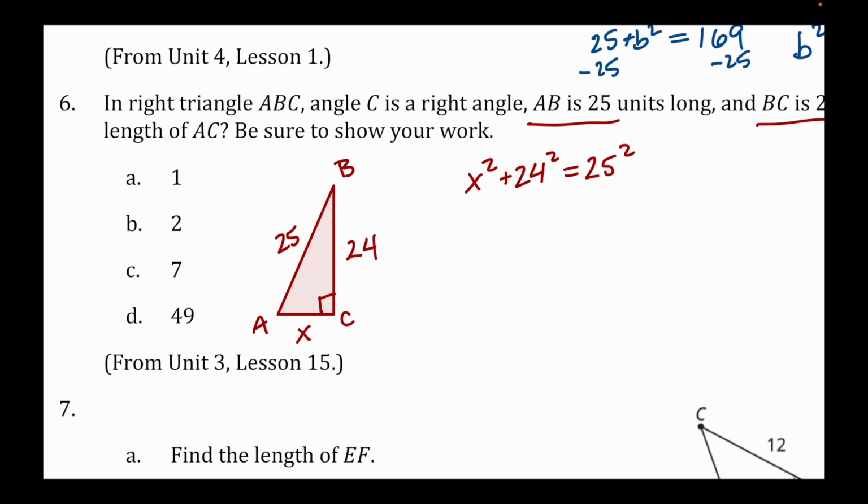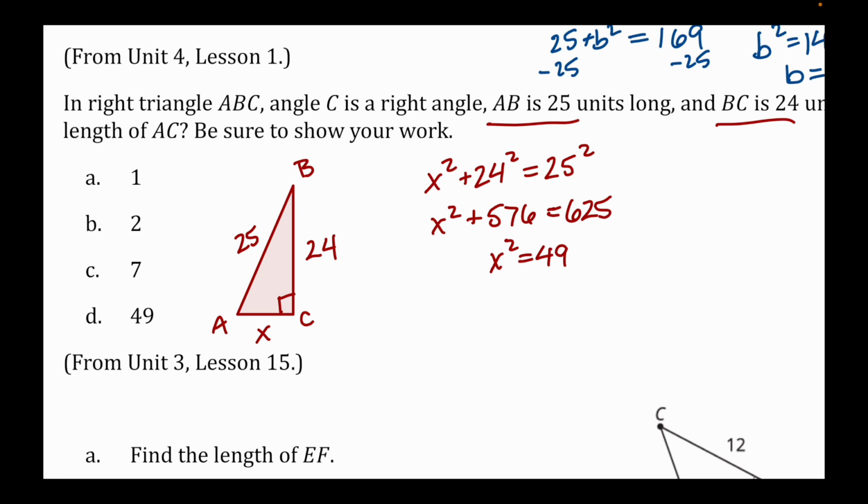So 24 times 24, not equals to, plus, is going to be 576. And 25 squared is going to be 625. So let's subtract that 576 from the 625, and you'll end up with x squared is 49. Now 49 is one of the answers, but we have to do the square root. So this is actually going to be 7.